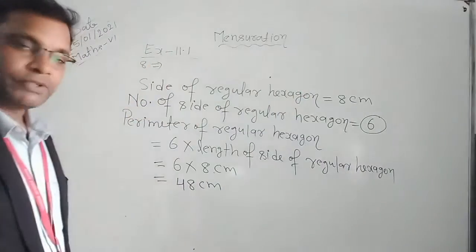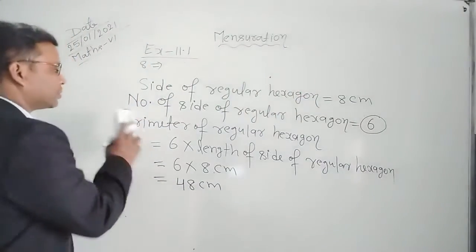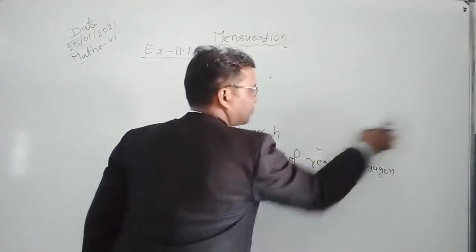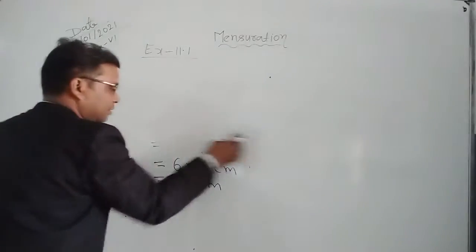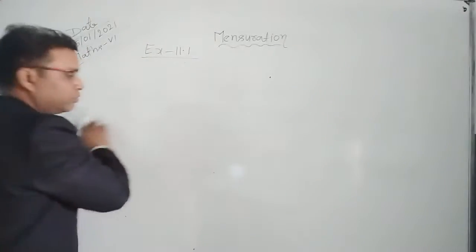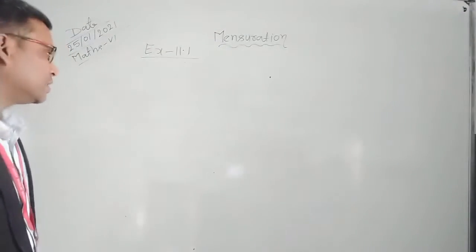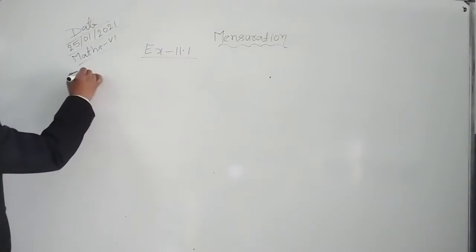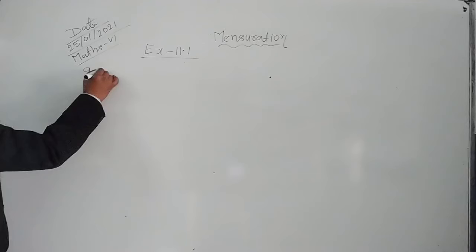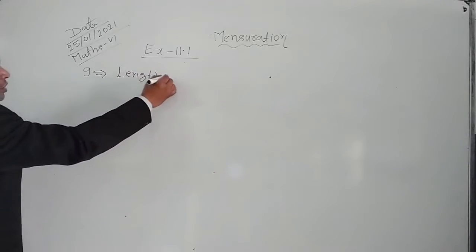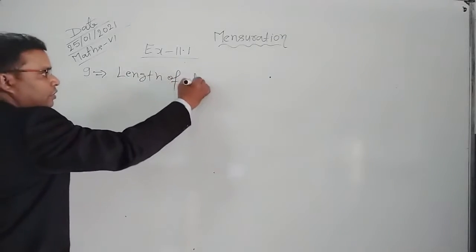Okay. So first we erase them. After this, we solve question number 9. In this question, two sides are given. So the lengths of two sides of a triangle are, write down question number 9.